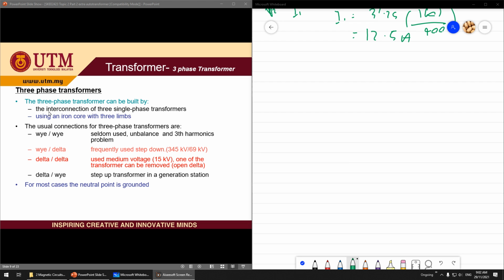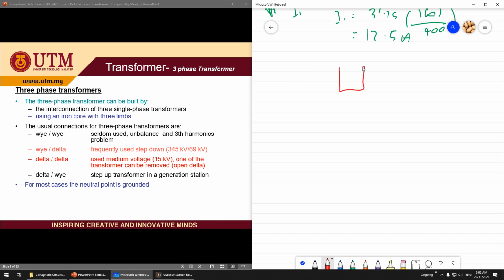Three-phase transformer can be built by interconnecting three single-phase transformers, or by using an iron core with 3 limbs. What this means is you have two types.